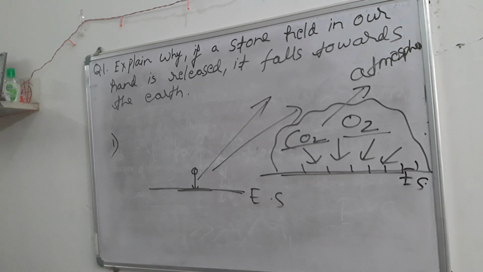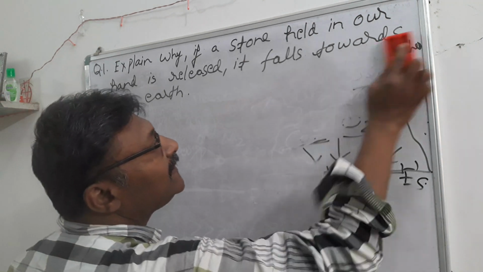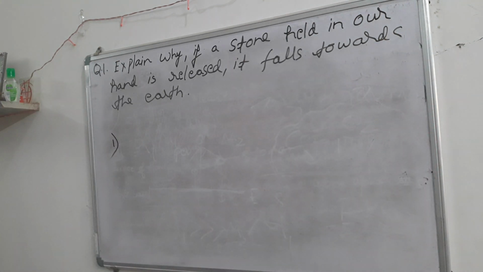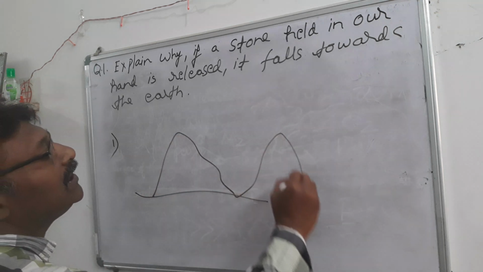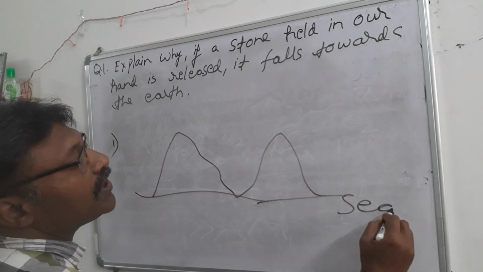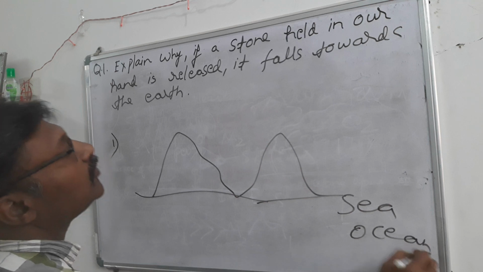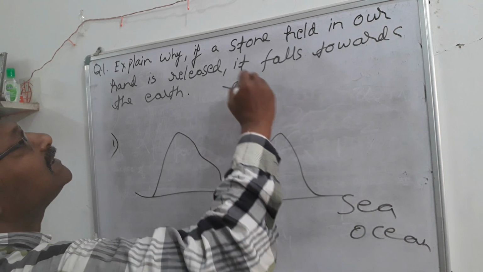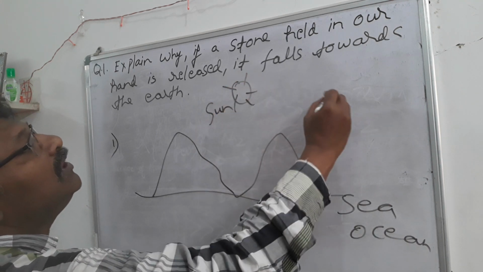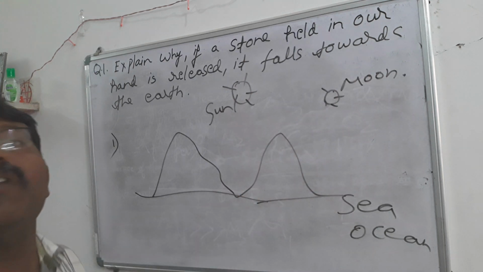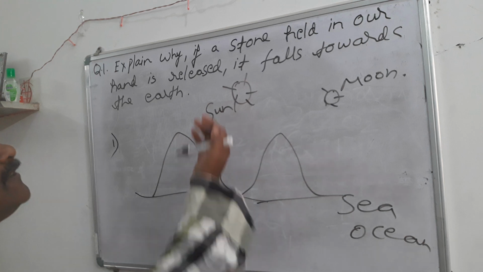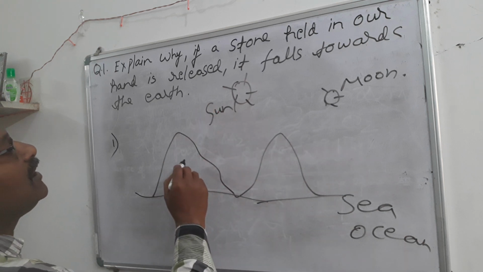Besides this, there are other significances also, like the appearance of high tides and low tides in the sea or ocean. We all know that the sun and moon are very large bodies, so they exert a force of attraction on the water.